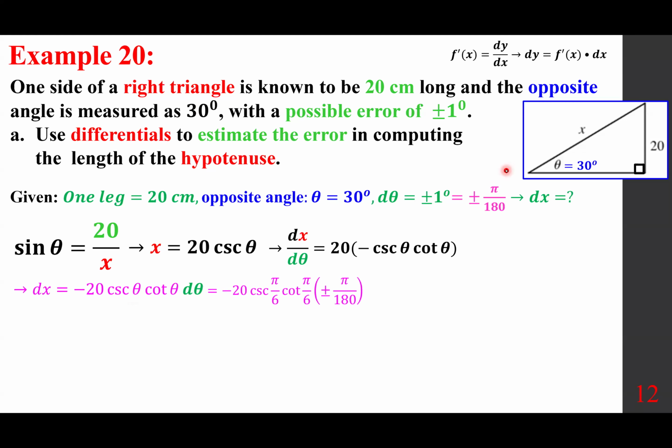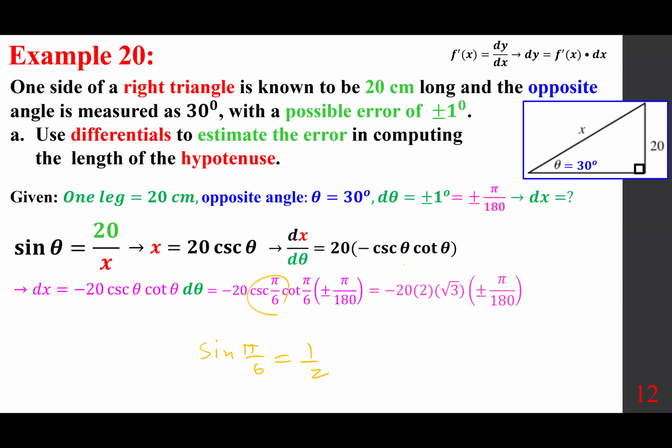Now, cosecant, as mentioned, is 1 over sine. Remember, sine of pi over 6 we know is 1/2. Therefore, this is 2. Cotangent of pi over 6 is square root of 3. So those two we plug in, and now we have to put it into a calculator.